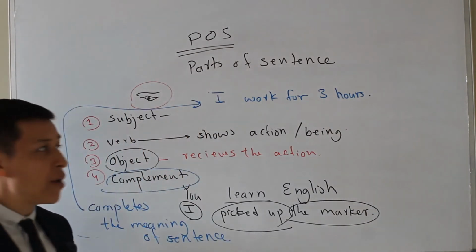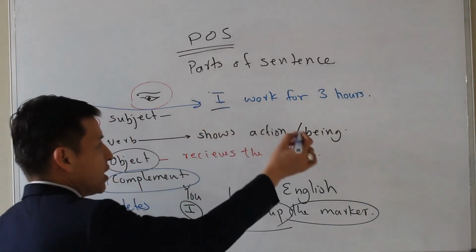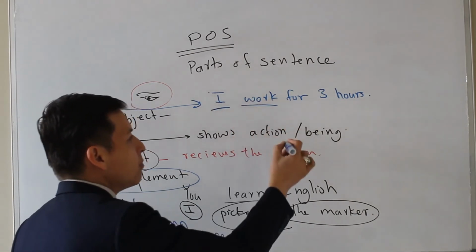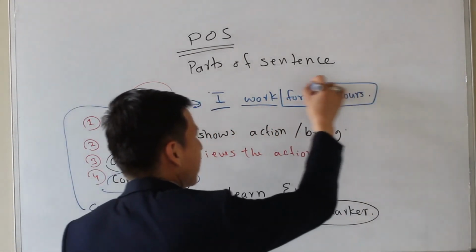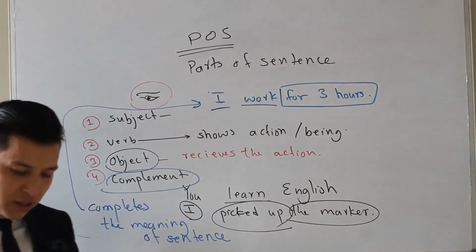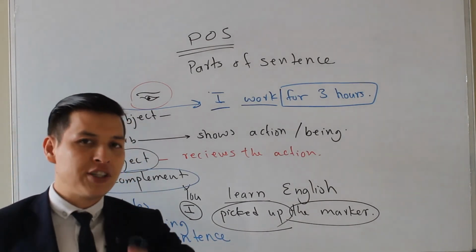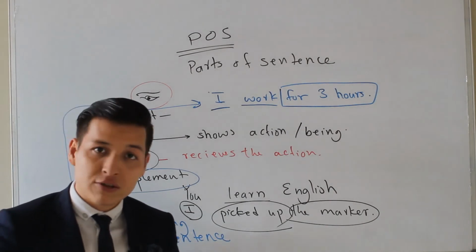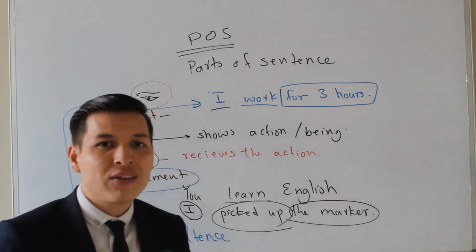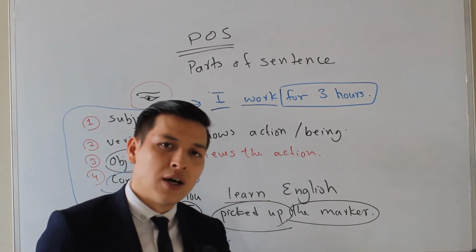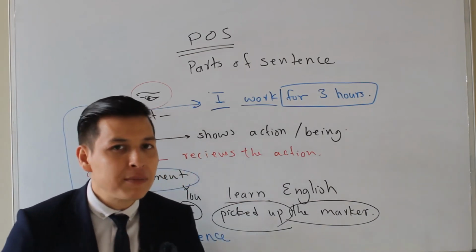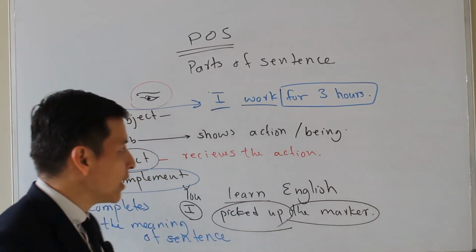Here we have the subject, we have the verb, and for 3 hours is exactly our complement. You will ask what's the difference between object and complement, and this is really important to know. We will talk about it later.